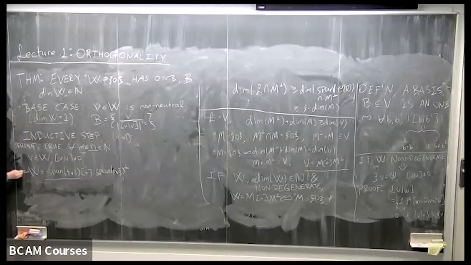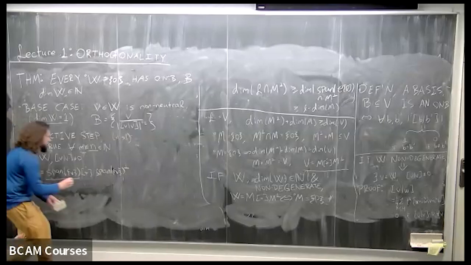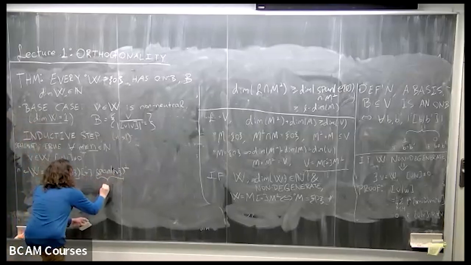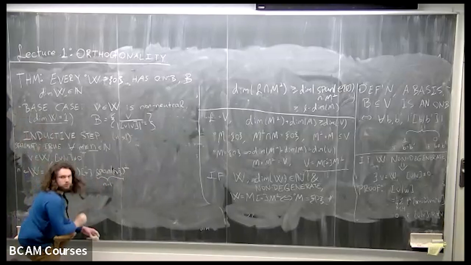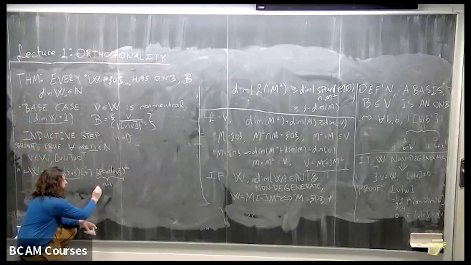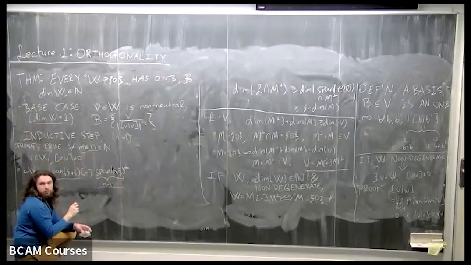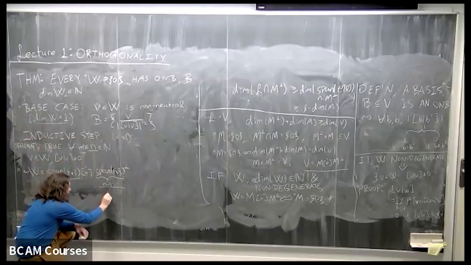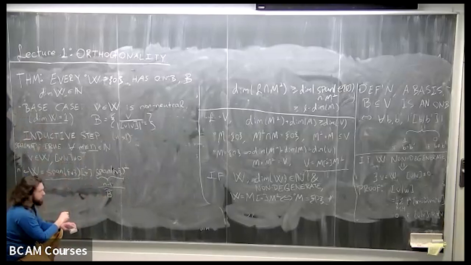So if this thing is n-dimensional, this guy is n-1 dimensional. So what that means is that by the inductive hypothesis, this has a basis. We'll call it B tilde, which is orthonormal.